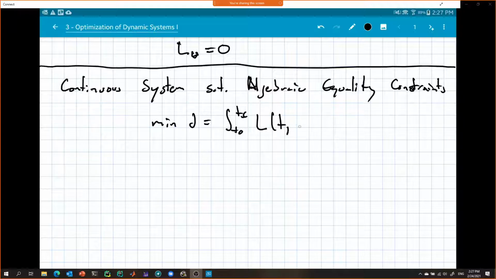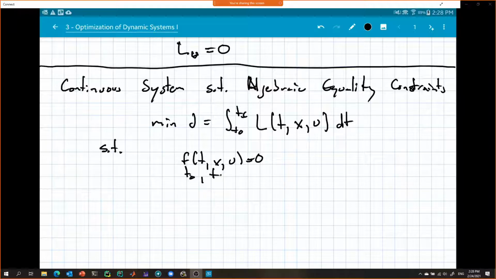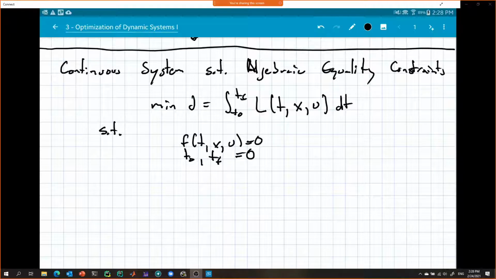But we have an additional dependent set of variables x in addition to u, and that's subject to some constraints equal to 0. Like I said before, t0 and tf are fixed.